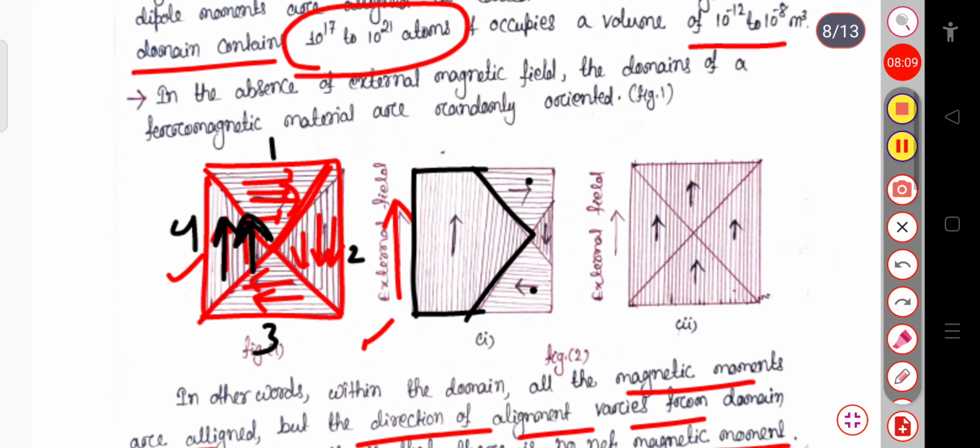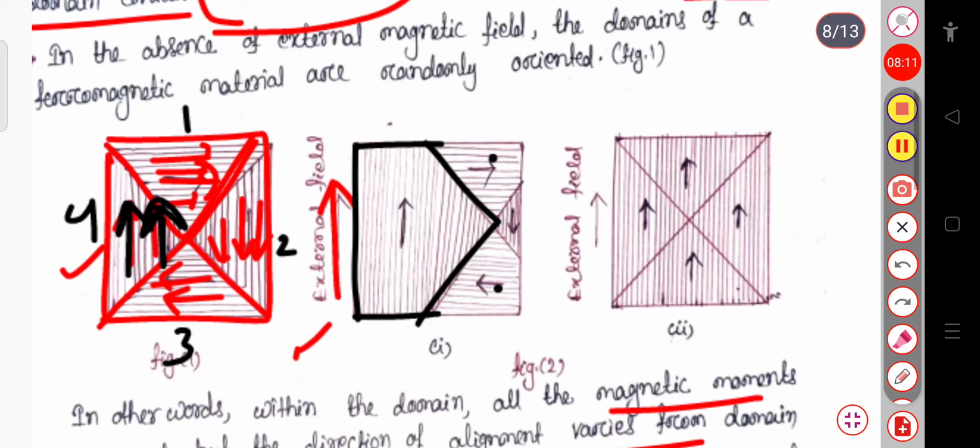Here also the external magnetic field is in the upward direction. Since the fourth domain is already in the upward direction, it will remain as it is. But for the other domains, suppose for the first the alignment is in this direction, it will try to rotate, and the dipoles will get oriented in the direction of the field.